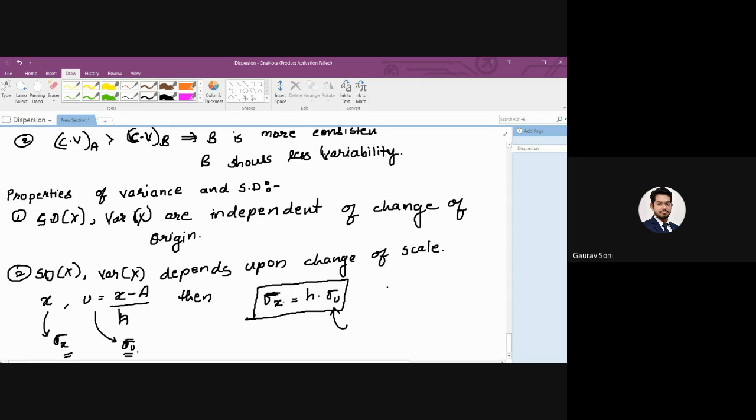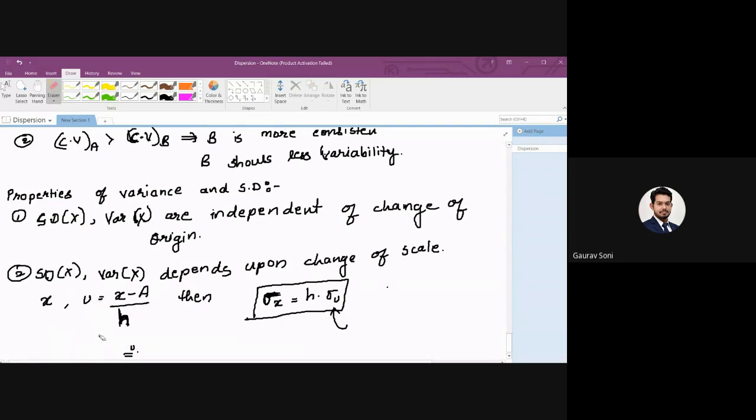How are they related? If there is a change of scale by h units, then the previous standard deviation is going to be h into the new standard deviation. I hope it is clear.